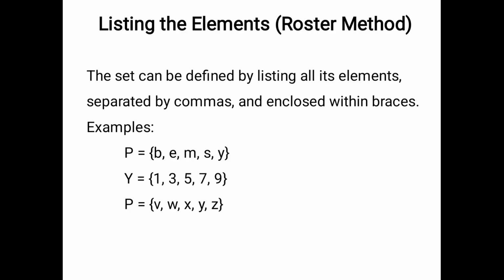So first, we have listing the elements. This is usually the one most commonly used. So the set can be defined by listing all its elements separated by commas and enclosed with braces.